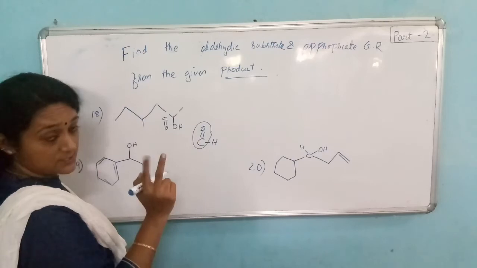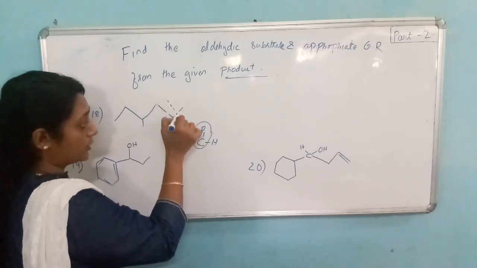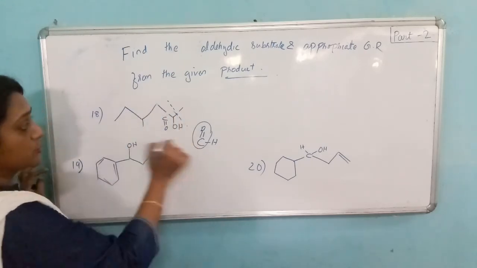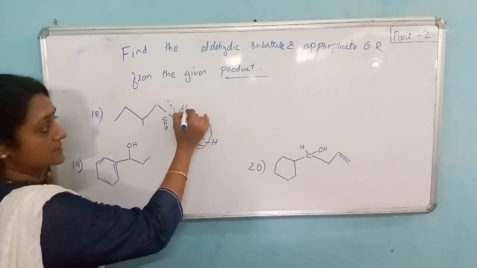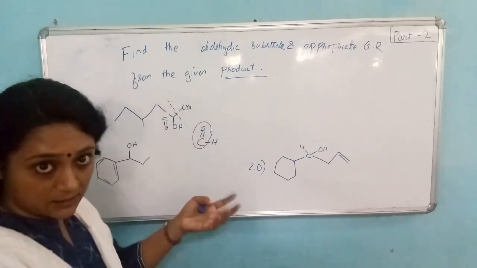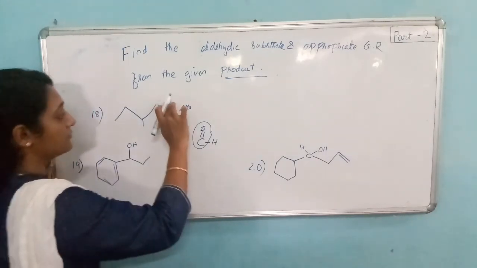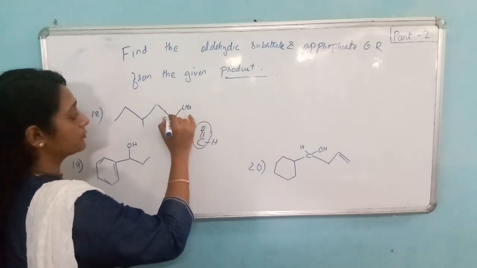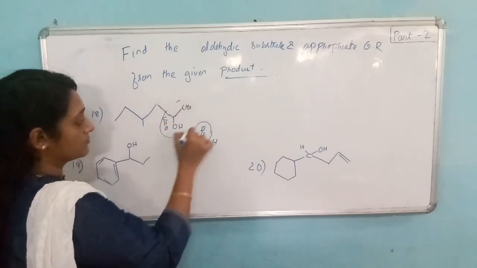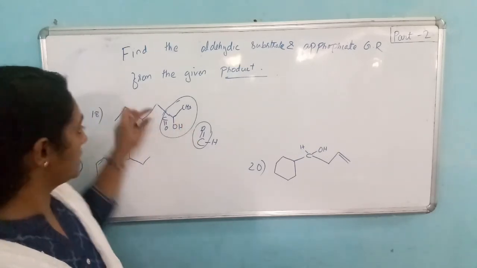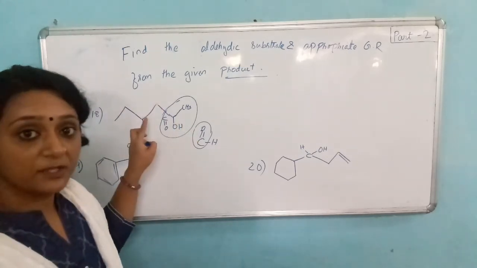We have two choices. We can divide the compound like this. This is the aldehydic portion and this is CH3. CH3 comes from the Grignard. And the second choice is we can divide the compound into this aldehydic portion, and this much comes from the Grignard reagent.